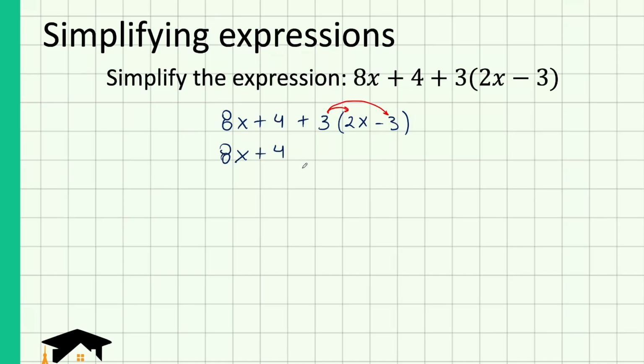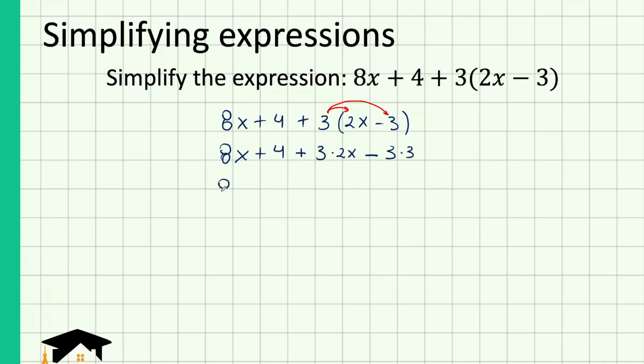We just leave them as they are because these two terms are not like terms, so 8x plus 4 is not an expression that we can make smaller. And so we have plus 3 times 2x minus, because of this minus here, 3 times 3.